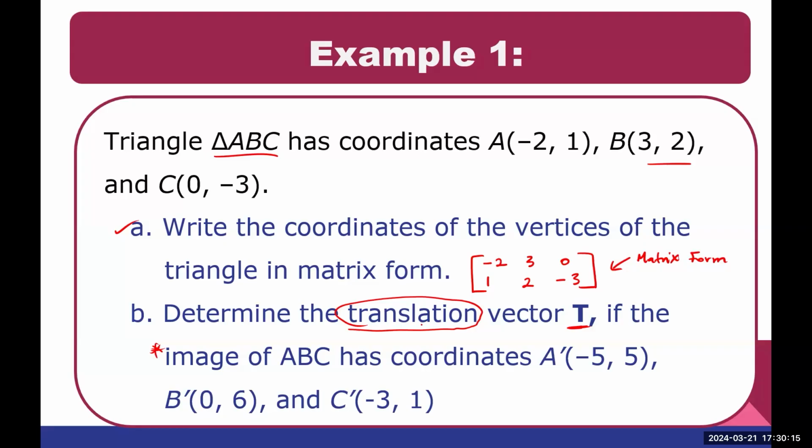So the question is that it wants us to find the translation vector T. So we're going to break this down a bit. Let me just add in another page quickly.